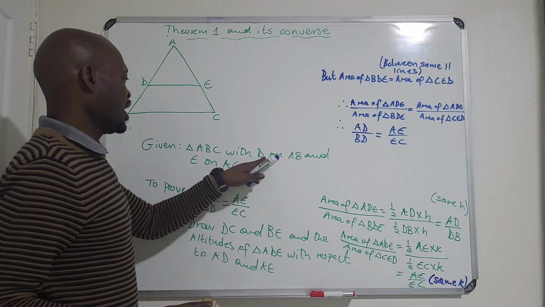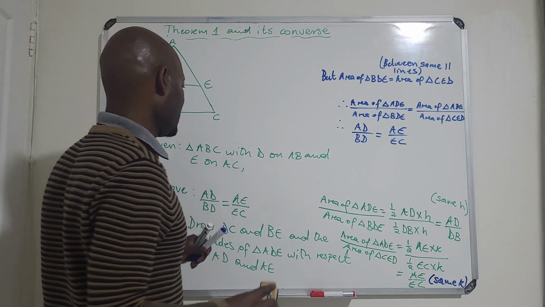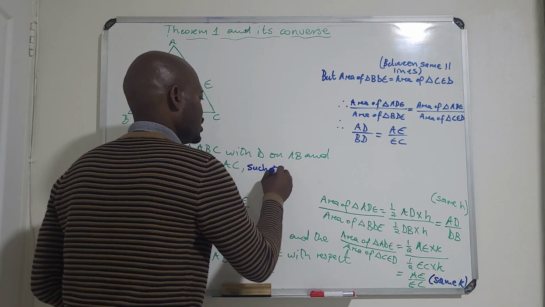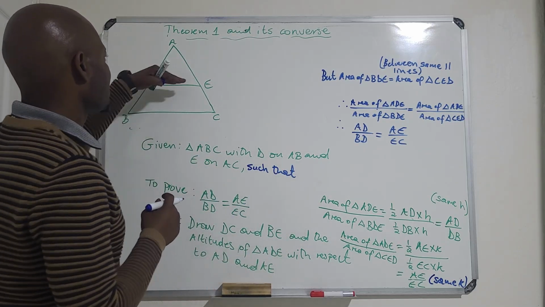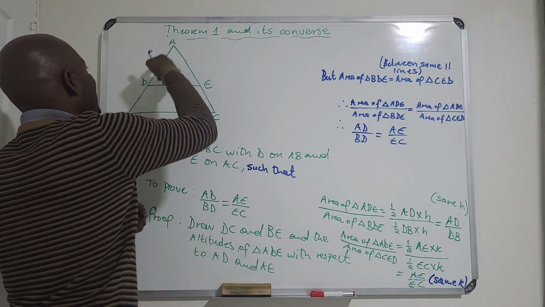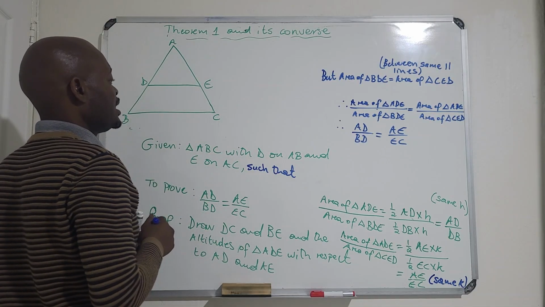But with the converse, we're going to say, given triangle ABC with D on AB and E on AC, such that, in this case, we are not given that this side is parallel to this side. We are given that these two sides are in the same proportion.